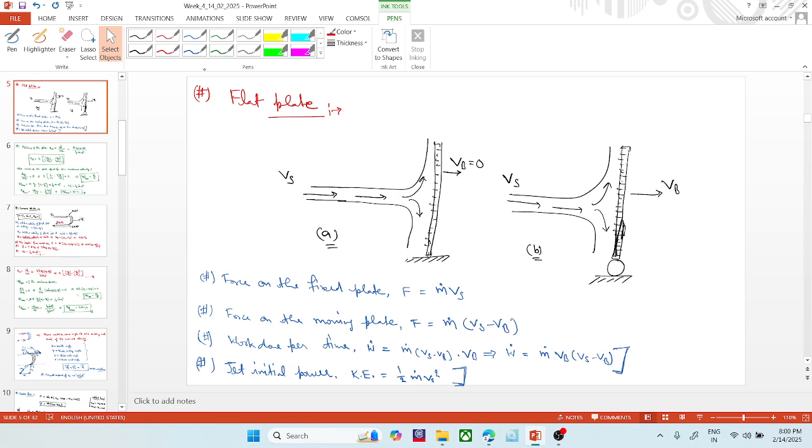Okay. So here I have considered similar cases, the fixed plate and the moving plate. The force on the fixed plate would be the rate of change of momentum, so it would be m dot Vs, and the similar value of force for the moving plate would be m dot Vs into Vb. The work done per unit time, or the power, could be written by multiplying with Vb only, and the kinetic energy is like this.